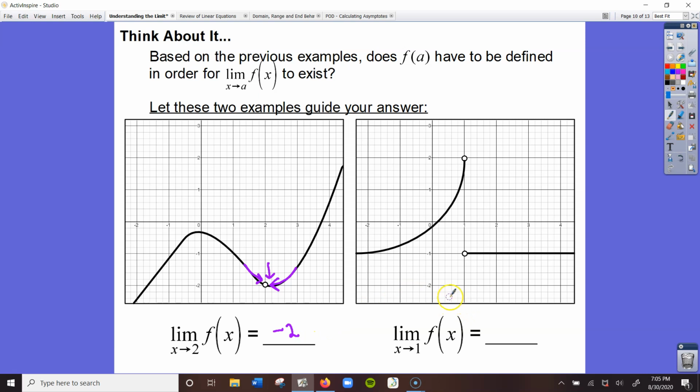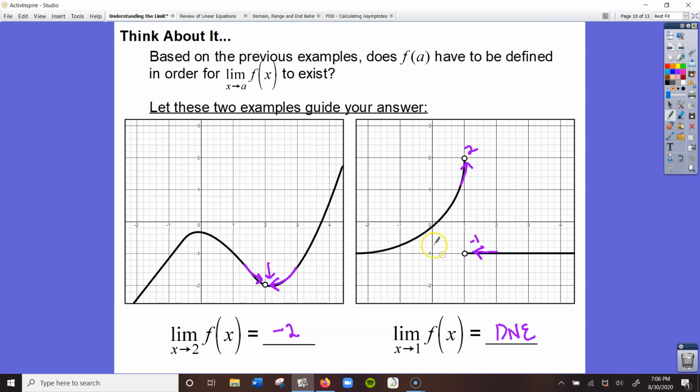Versus here on this other graph, the limit as x is approaching 1 from the left is 2, and as it's approaching from the right is negative 1. Since they do not equal, this limit does not exist. Now again, to answer the question, does f of a have to be defined in order for the limit to exist?